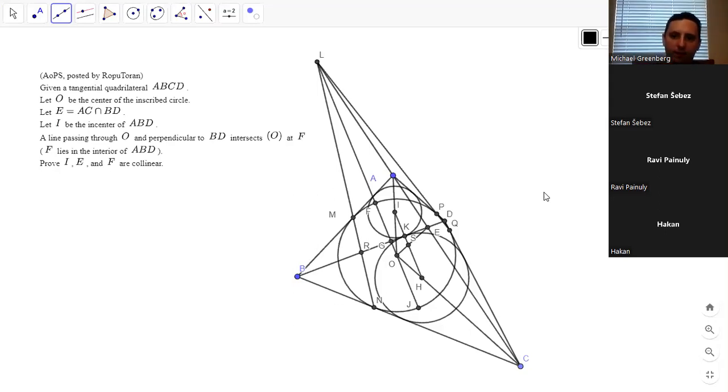I'm still thinking about what if we let FI, JH, and OS concur at a point, and then we want to show that point lies on BD.